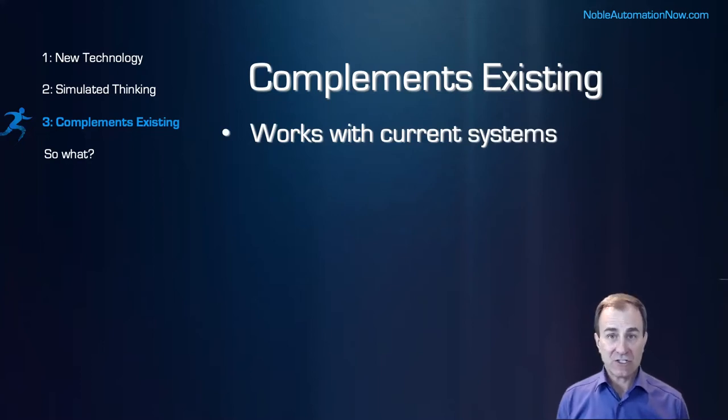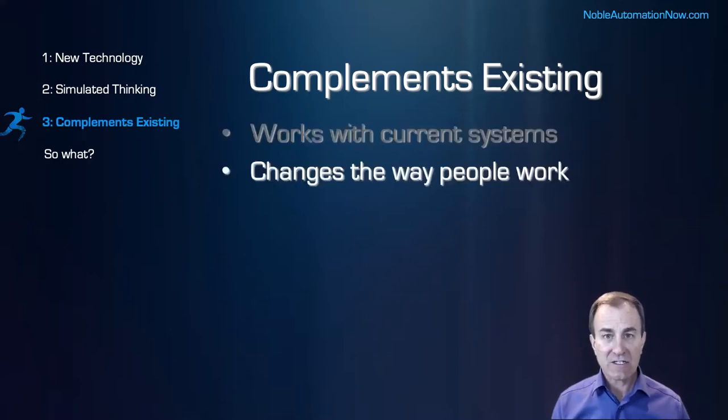Now that should give your CIO a chance to take a deep breath and go, whew, that's good, because we just finished stabilizing the last system. And that's true. It goes on top. So that can be very powerful that you don't have to disrupt your core business, but it also means something else has to be maintained and worked with, right? Because it's new technology. However, the fact that you're not ripping out your ERP to start over to go down your intelligent automation journey is somewhat comforting, I think, to most of the senior IT leaders.